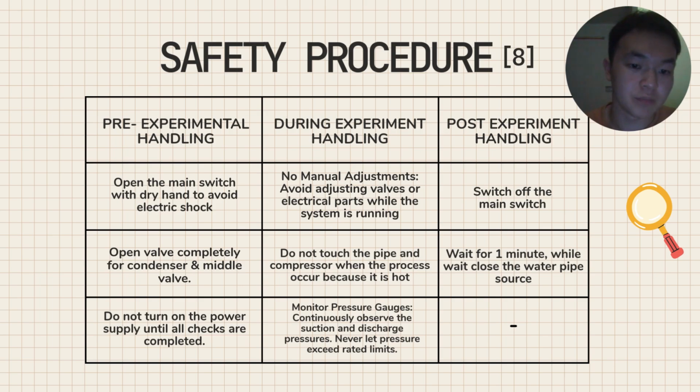And monitor the pressure gauge at all times. Continuously observe the suction and discharge pressure. Never let pressure exceed rated limits, which might cause leakage or explosion through the pipes.